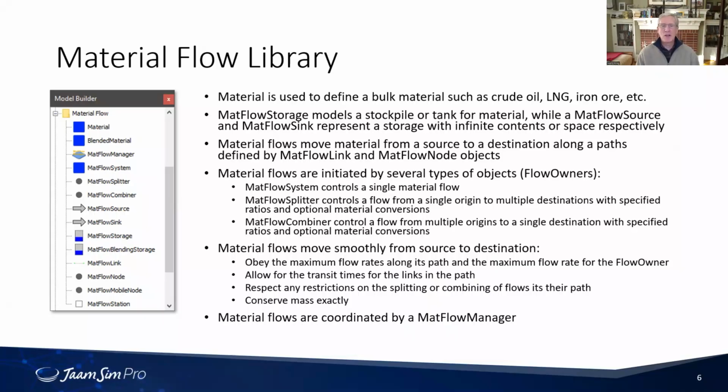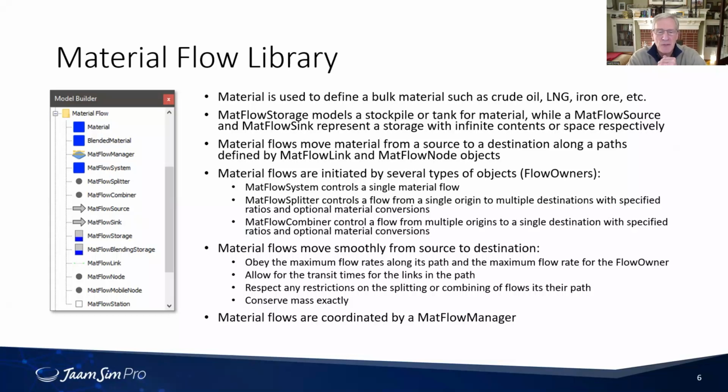You also have source and sink objects, which represent a storage with infinite contents or a sink with infinite space. The material flows move from a source to a destination defined by links and nodes, similar to the transportation palette. And the flows are initiated by various types of objects.